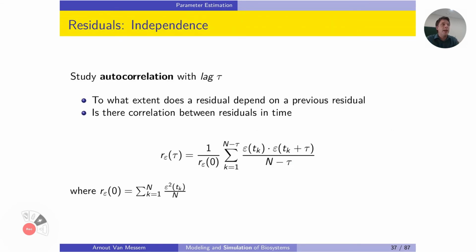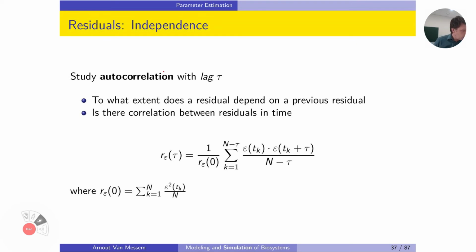To check for independence, we will do something similar to what we did with correlation. Correlation checked the dependency between two variables. Now we don't want to check dependency between two variables, but between two residuals which differ a certain amount in time. So what we do is we study the autocorrelation with lag tau.